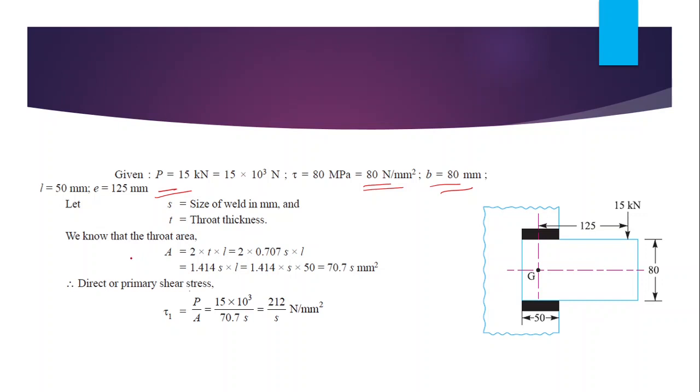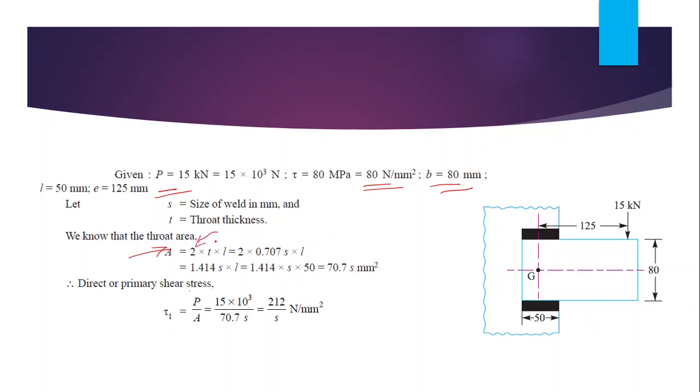Then throat area is equal to 2 into T into L, that is, 2 into throat thickness into length of the weld. Here it is a double parallel fillet weld, so we use this 2.